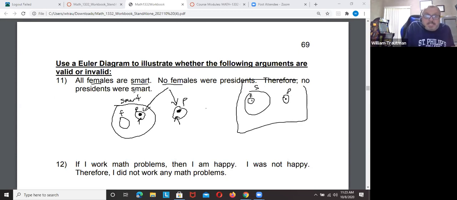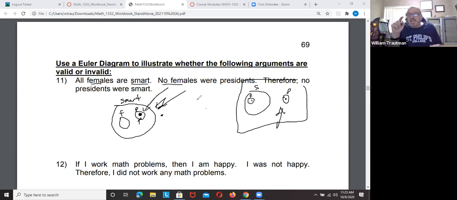Well, I can write this same statement like this. I can make some presidents smart, and here presidents are not smart. Do you see? By writing this, I had two choices, so it's not valid because I can change it. If I write it like this, it disproves no presidents are smart.